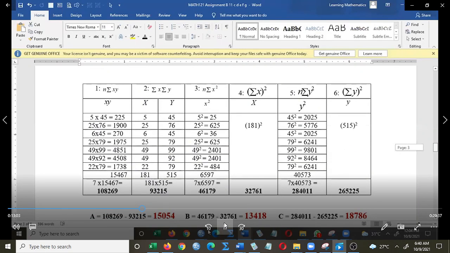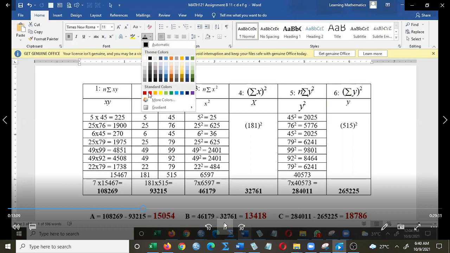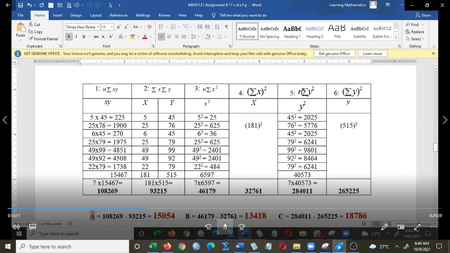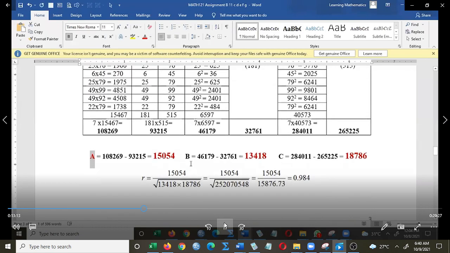This is A. Okay, this here is A. We got A to be 15054. We got B to be 13418. And we got C to be 18786.